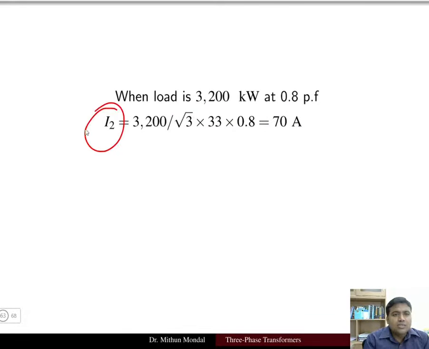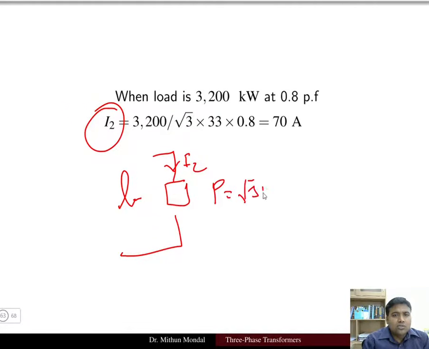You can calculate the current flowing through the load. So this is your load, and here you have the current I2. Power is equal to root 3 VL IL cos phi.